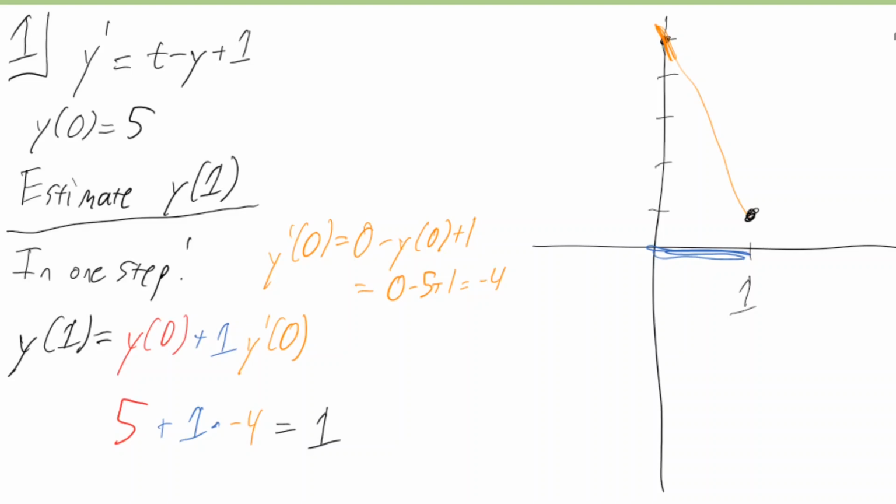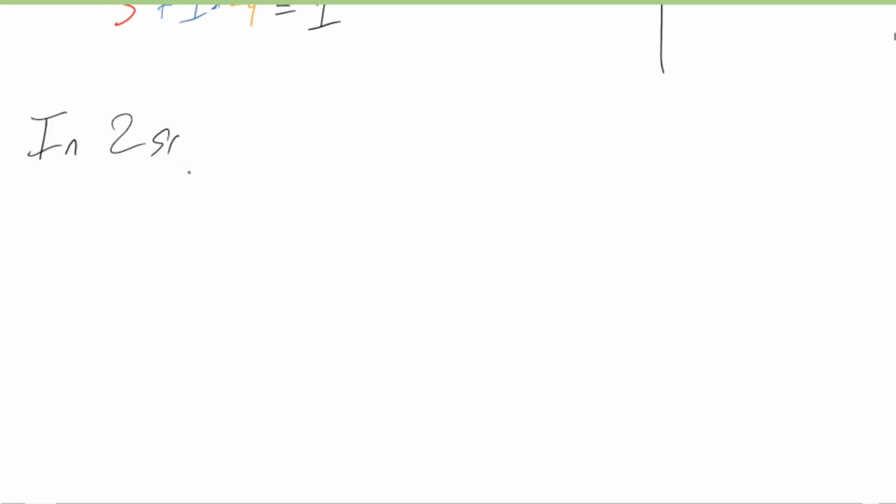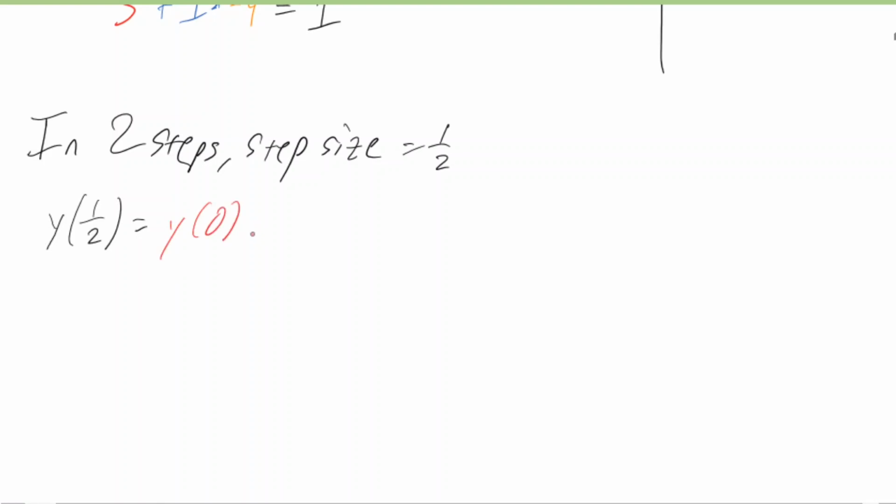So let's take a look at how it works if we did it in 2 steps. So since we're going from 0 to 1 in 2 steps, each of the steps has size 1/2. And so our first step will take us from t equals 0 to t equals 1/2. And the equation says that y of 1/2 equals y of 0 plus our step size, now 1/2, times y prime of 0.